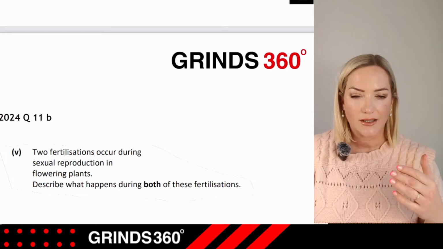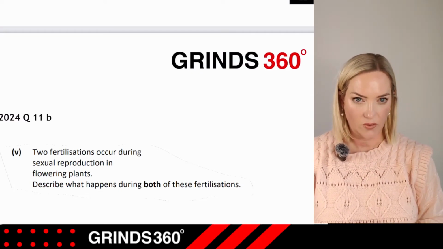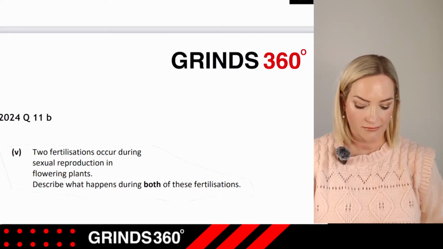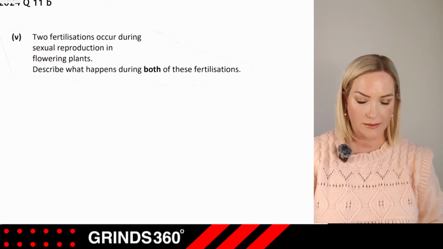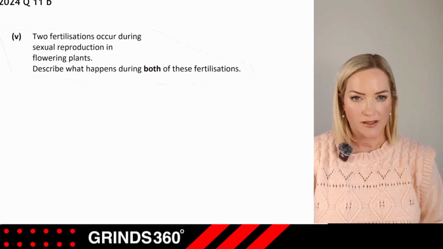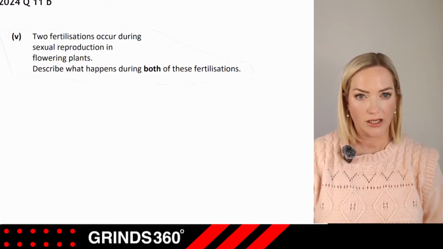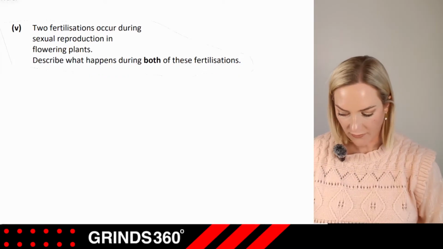That was 9 marks, and then this followed on for 12 marks. 3 marks for one male gamete, one egg, double for diploid zygote, 6 marks. Then 6 marks for male gamete, 2 polar nuclei, and forming a triploid endosperm.